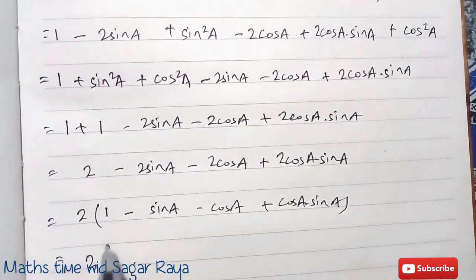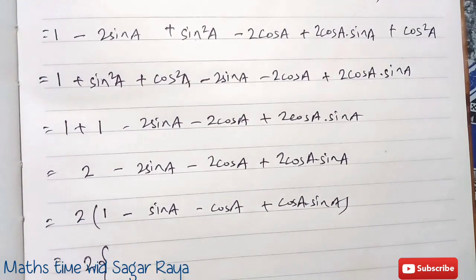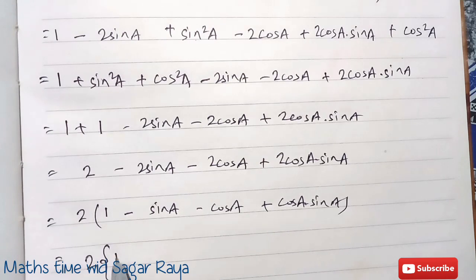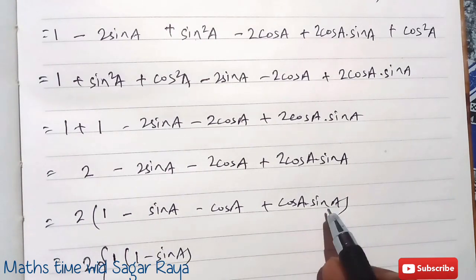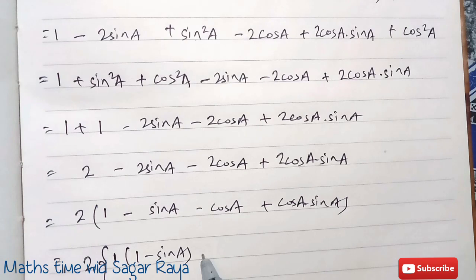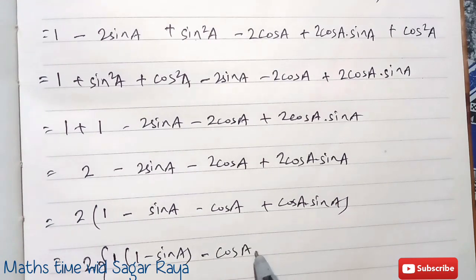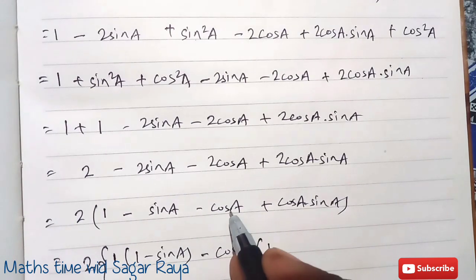Now in 1 and sin a you cannot take anything common, so you can just take 1 common, giving 1 minus sin a. And between cos a and cos a sin a, you can take minus cos a common. If you take minus cos a common, here remains 1.